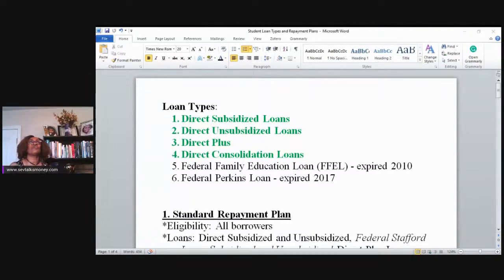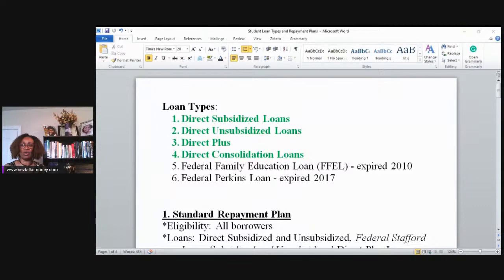So there is no financial need attached to the Direct Plus loan, but you will have to undergo a credit check because they're trying to see how creditworthy you are. How are you going to be able to pay that loan back? So that is parents of undergrad that can apply for those, as well as graduate students or professional students.